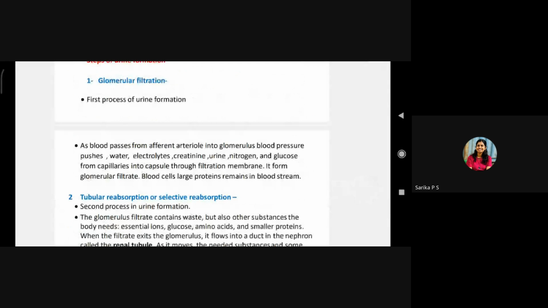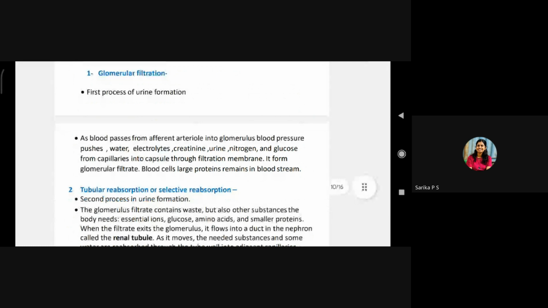When these things are getting filtered in glomerulus, it says that these are the waste material the body should not take. After filtering those things, we can find that some necessary body needs are also being filtered by glomerulus. What are those? Essential ions, glucose, amino acids, and smaller proteins.